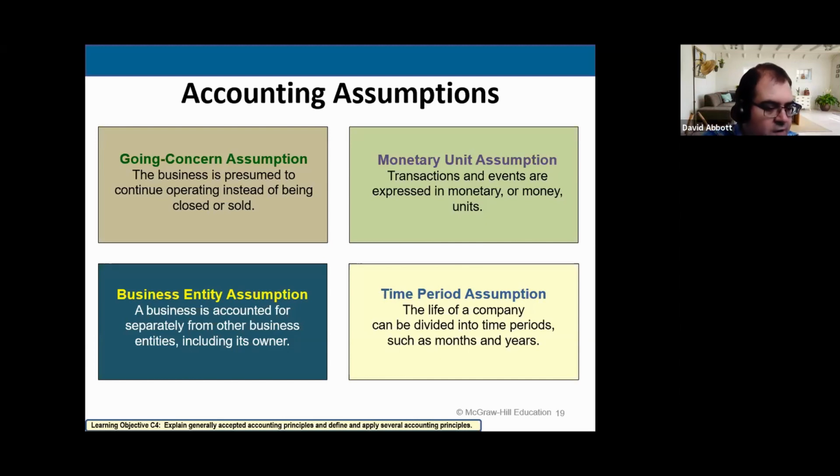The monetary unit assumption: transactions and events are expressed in monetary units, and you have to make sure that's consistent. So for example, one thing that you might not know is there's a company you've probably seen on TV, the duck, quack, quack, the Aflac duck. Believe it or not, the Aflac insurance company, you know that they're here in the United States and they provide employee benefits to a lot of employees here.